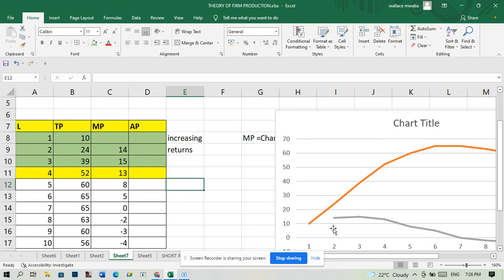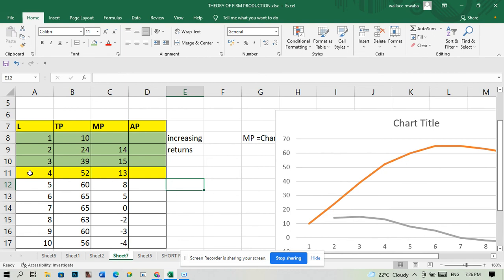As you can see here, as marginal product is increasing, total product increases at an increasing rate. But as marginal product starts decreasing, the total product will increase at a decreasing rate.